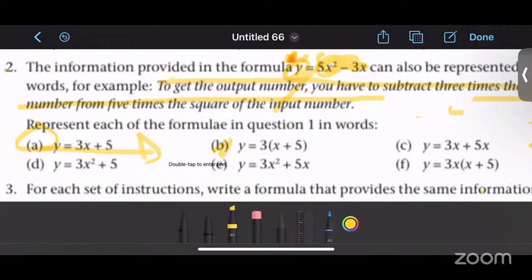Langelihle. To get the output, you have to first times the whole bracket by 3, then add both the x's in input. Am I correct, ma'am?